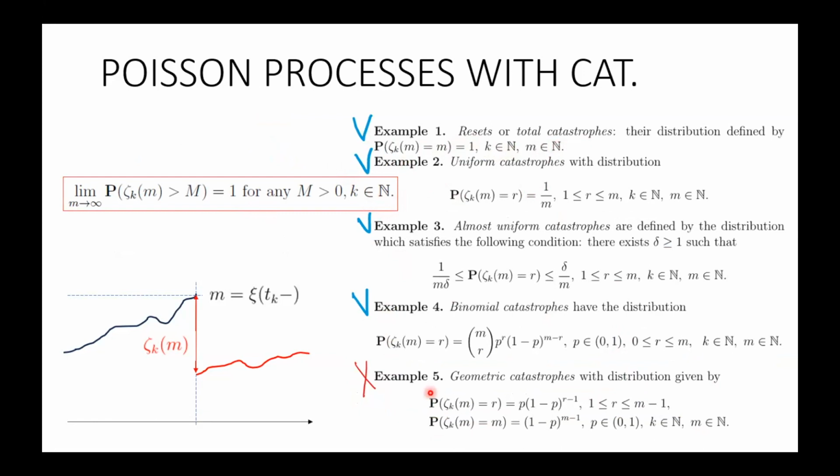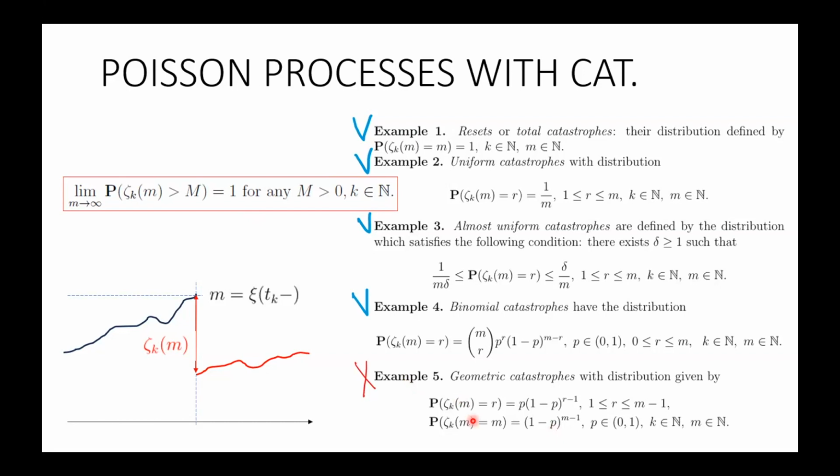But the geometric catastrophe, for example, doesn't satisfy this equation. So from our point of view, from the large deviation point of view, the geometric catastrophe is not a catastrophe. It's not a catastrophic event. Because the geometric catastrophe, for example, satisfies the Cramér condition.